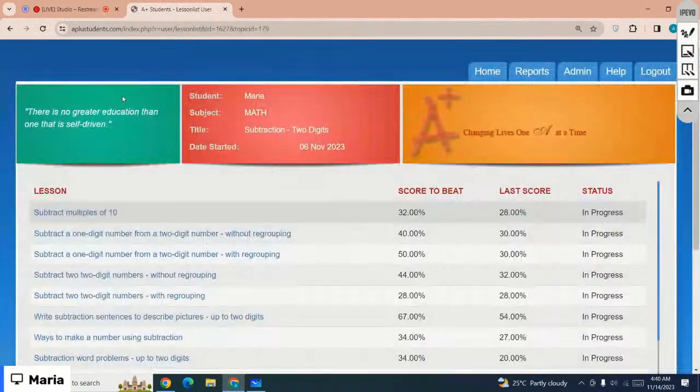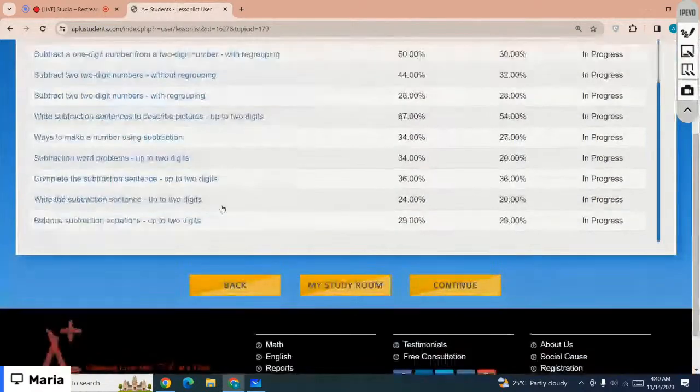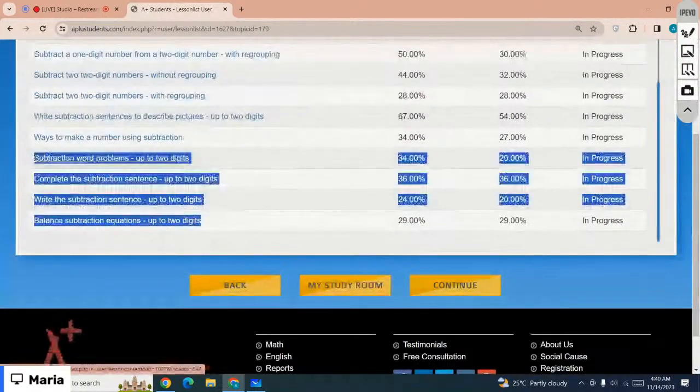The chapter we were working on is subtraction up to 2 digits, and the lessons we covered today are subtraction word problems up to 2 digits, complete the subtraction sentence up to 2 digits, write the subtraction equations up to 2 digits, and balance subtraction equations up to 2 digits, right? So please complete all the practice questions for the lessons we did today. That is your homework until the next session, right?